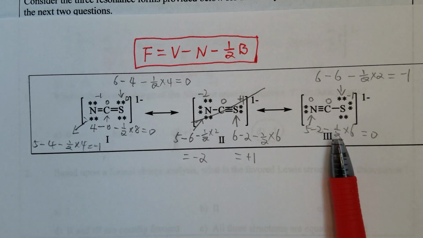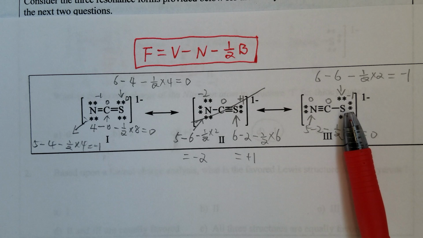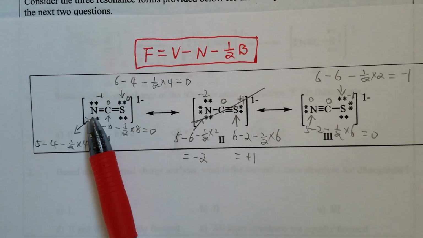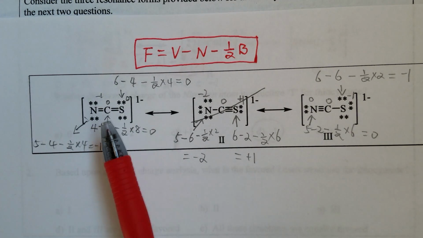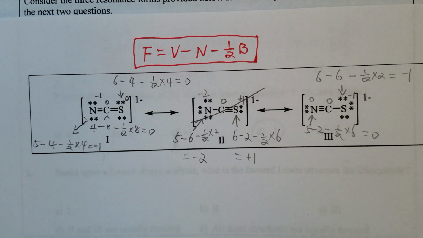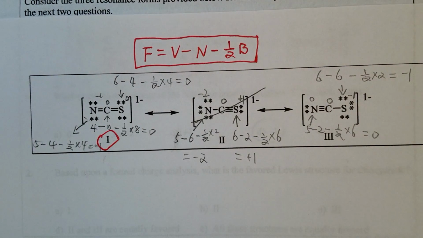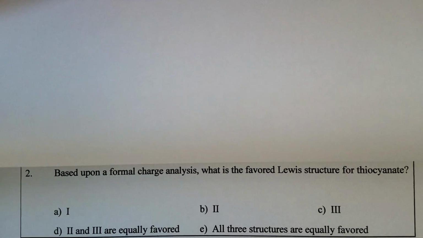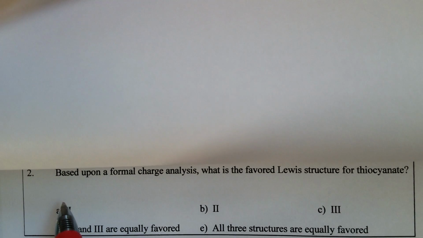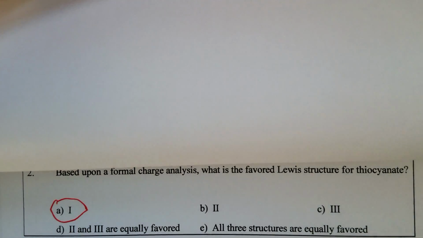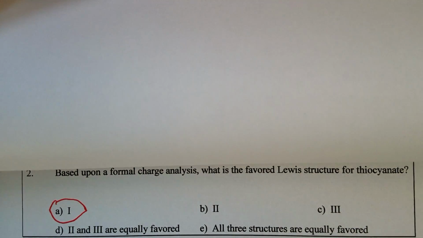In structure 3, sulfur has an electronegativity of 2.5, smaller than nitrogen's 3.0. So therefore the correct answer should be structure 1. And now let's take a look at the choices. So it should be A. Structure 1 is the most favorable resonance structure.